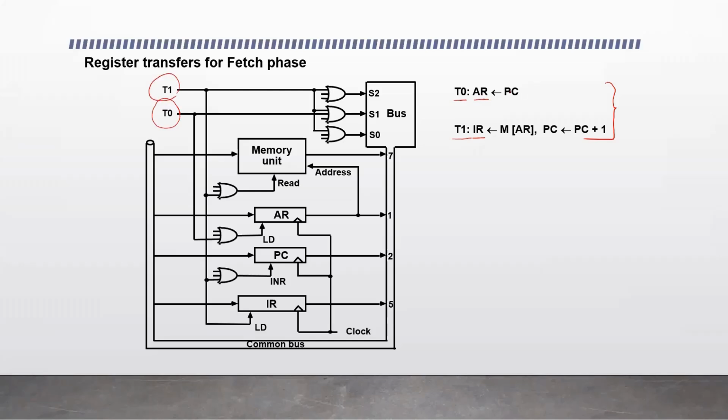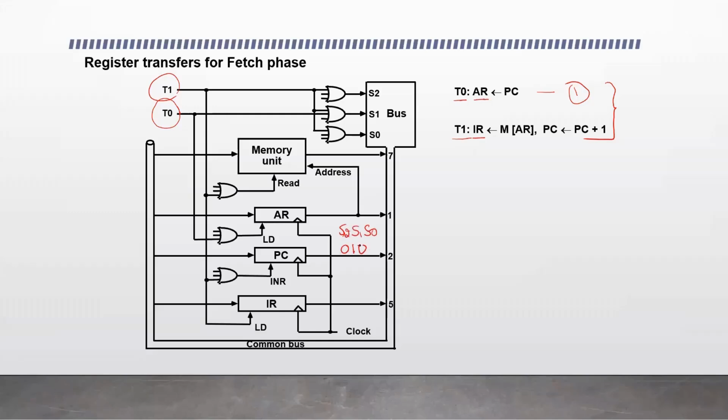So for performing the first operation, at time T0 moving PC to AR, the content of PC needs to be placed on the bus by setting the control signals S2, S1 and S0.